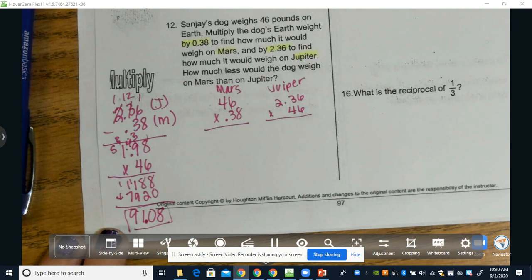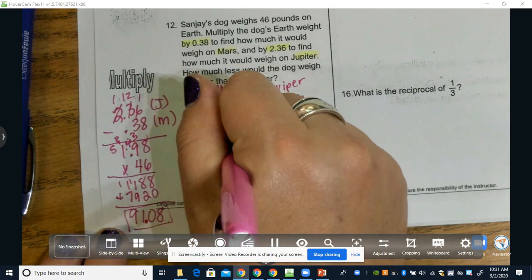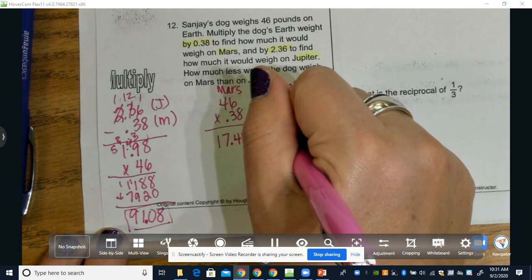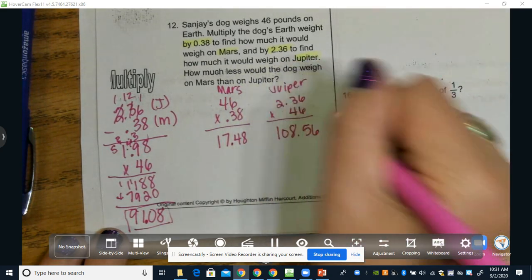46 by 3800ths, I get 17 4800ths. And when I multiply the Jupiter's weight, I get 108 pounds and 56 hundredths of a pound.